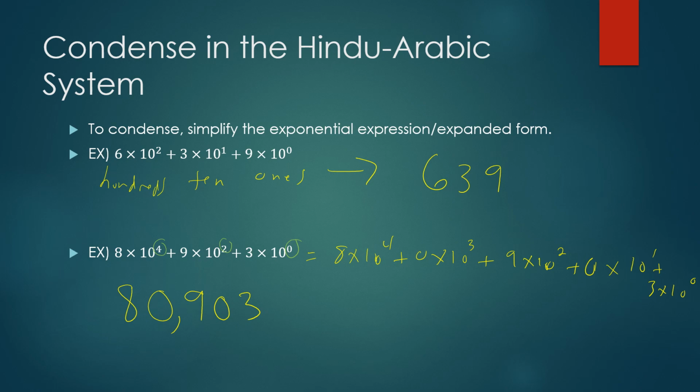And so then here, these values are represented by those digits. We want to be comfortable being able to expand and condense, because this is how we're going to be using these skills to convert between a base 10 system, such as the Hindu-Arabic system, to a different numbered base.